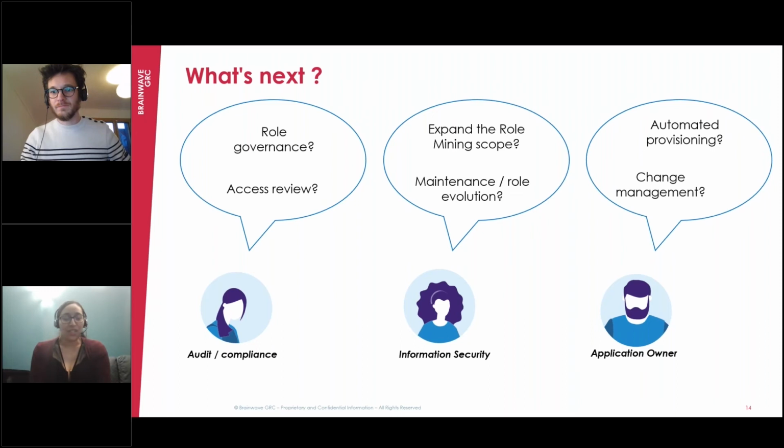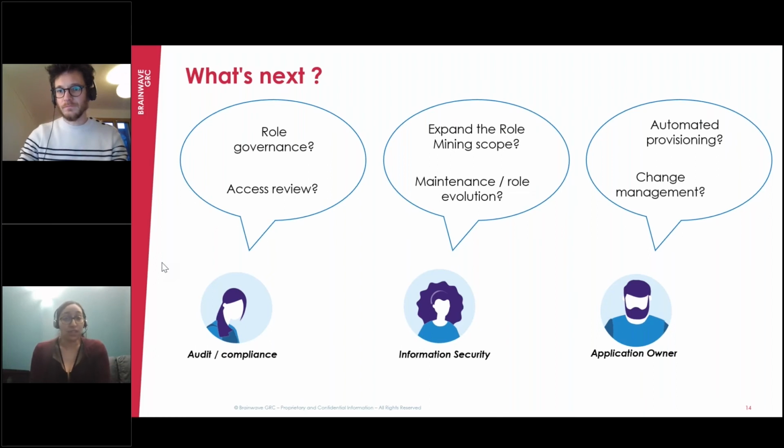The answer to the question what's next can depend on what your job is, what your profile is, and what your requirements are. If you're part of an audit or compliance team within your company, the next steps for you might be, for example, to set up some role governance or some access review related to the roles that have been created specifically.